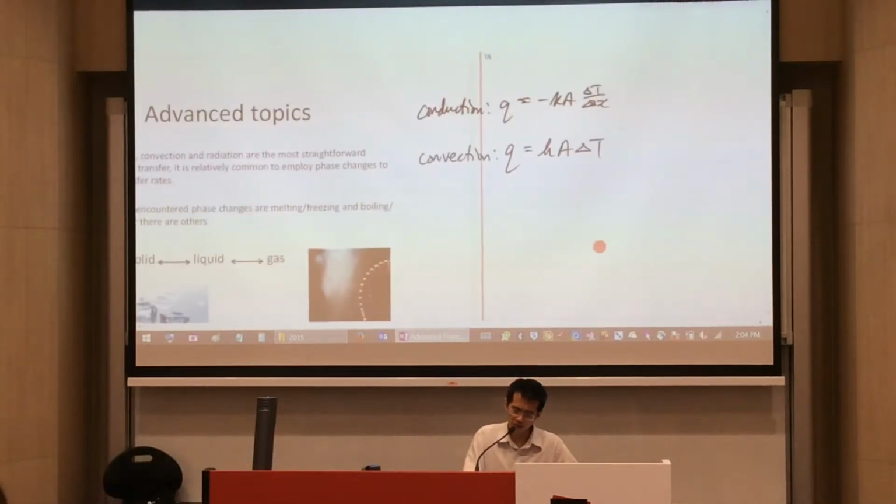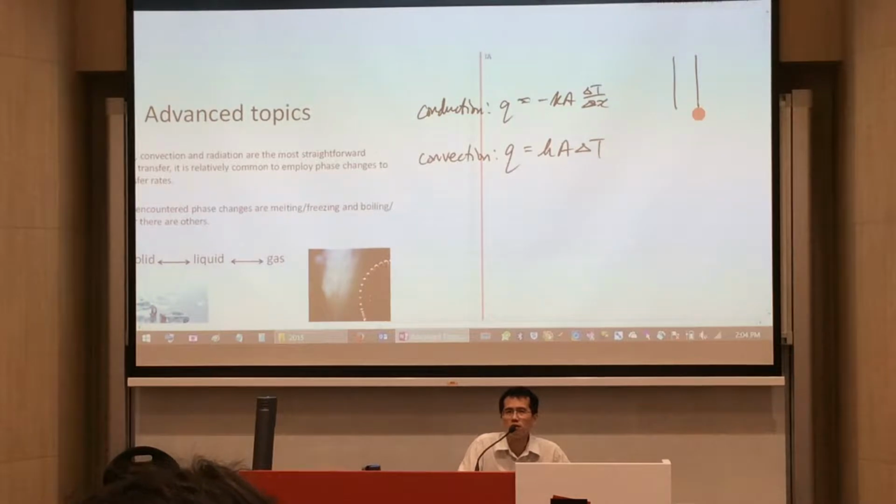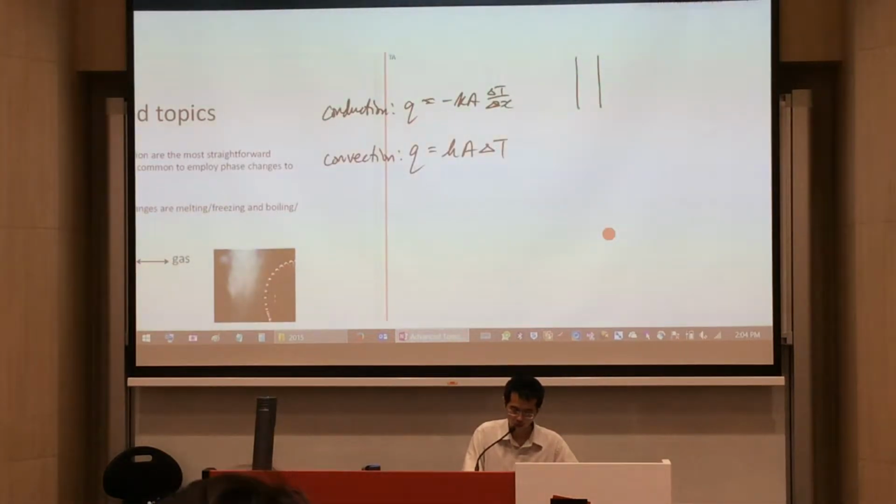Because we know that conduction is talking about the heat transfer across, say, a solid, and this solid could be cylindrical or it could be a plate, and this equation governs the plate. So say for example you want to have as large a Q as possible looking at this equation. What are the things that you could do to increase Q?